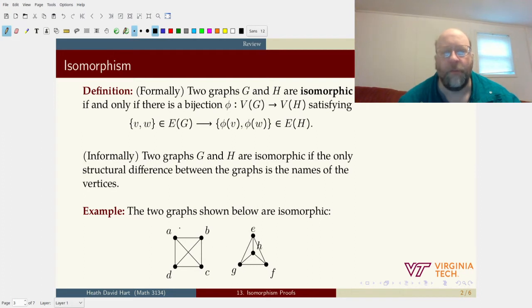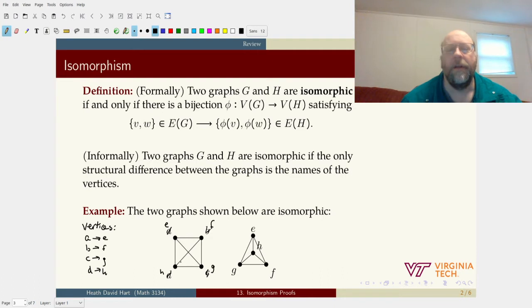These two graphs are isomorphic. If I start with the vertices and I send A to E, then B to F, then C to G, and then D to H, so I am renaming the vertices, this becomes E, F, G, and H. Then this graph and this graph are exactly the same in terms of their connections.